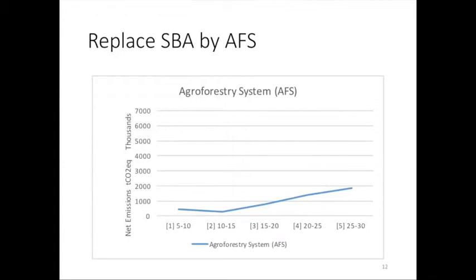First, considering that less area or less forests will be converted to agriculture, but also considering that the trees within the agroforestry systems will also contribute to sequester the carbon from the atmosphere, contributing therefore to a net gain in emissions.